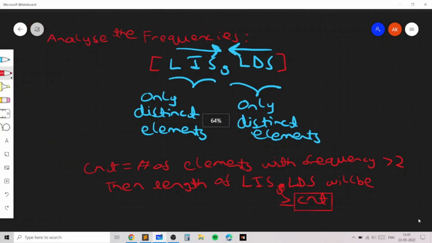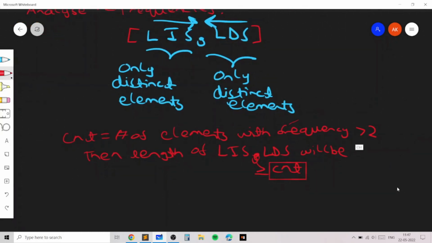If the frequency is 2, then also we can put one in the LIS and one in the LDS, and we are done.